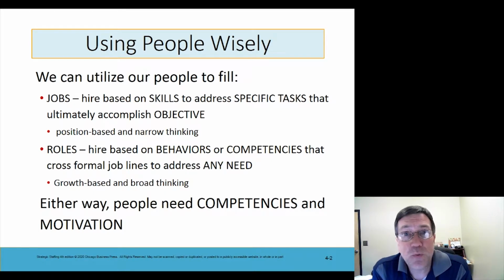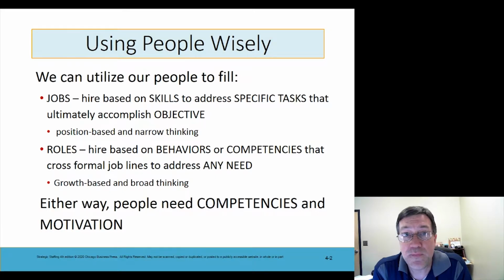From the sports analogy, on a baseball team, you've got some people that are great third basemen. They've got all of the skills to play third base, but they couldn't play the outfield if they had to. You've got other people on a baseball team that we refer to as utility players, and they are people that could play shortstop or catcher or left field or first base, and they may not be the all-star at any of those things, but on any given day, if we needed somebody to play second base, they're here.